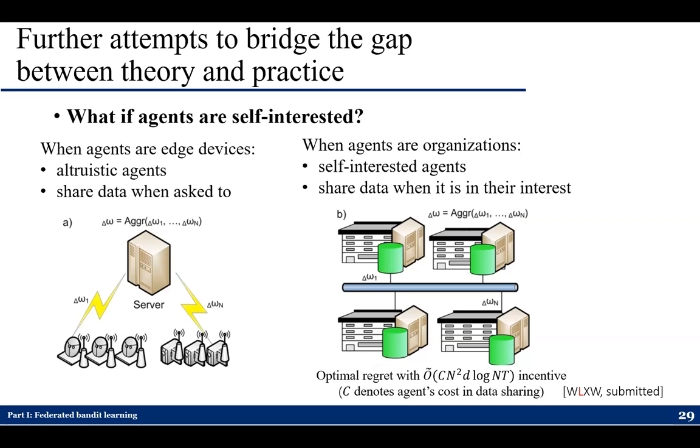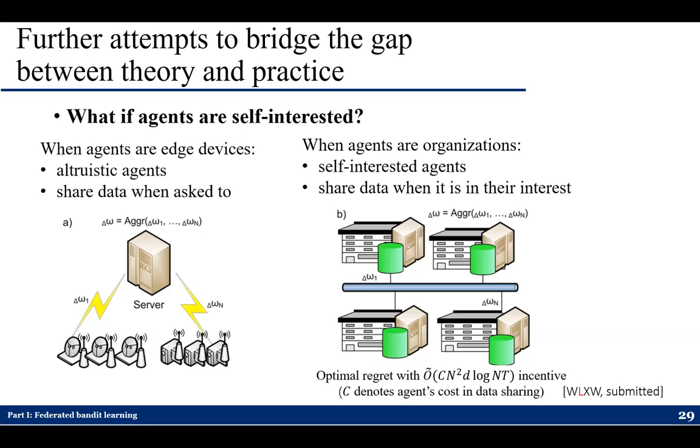So in this case, we need to design a mechanism that can incentivize those agents to communicate with each other. In our recent work, we have a behavior model of those agents. We assume that these agents are willing to share as long as they find that the benefit due to collaboration outweighs some potential privacy risk.